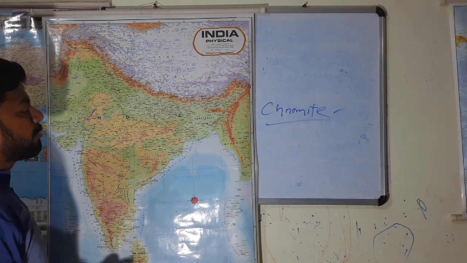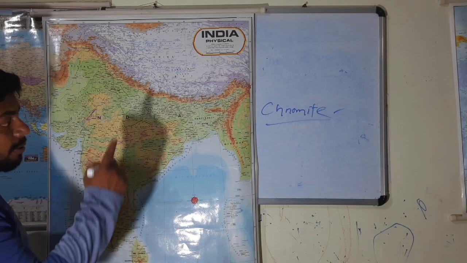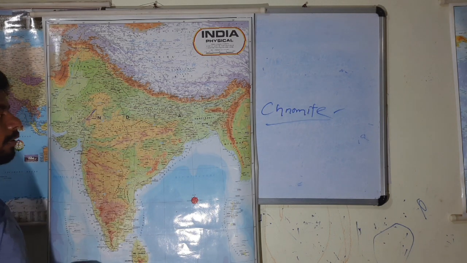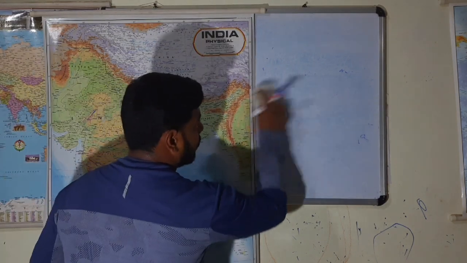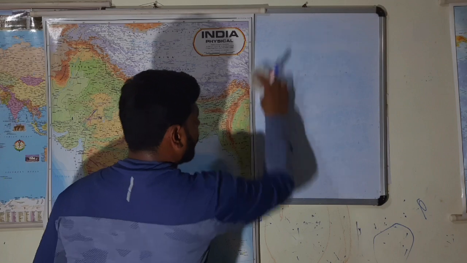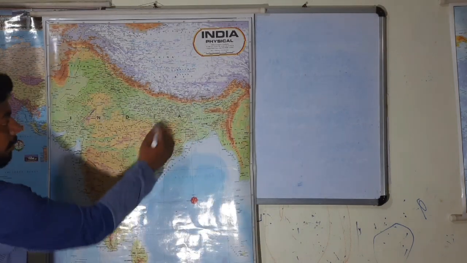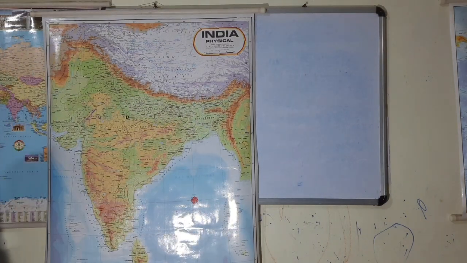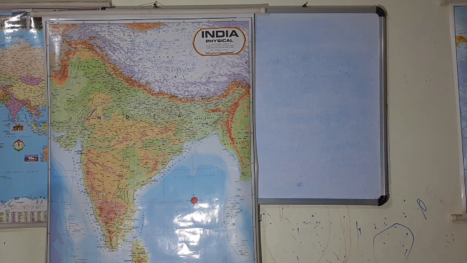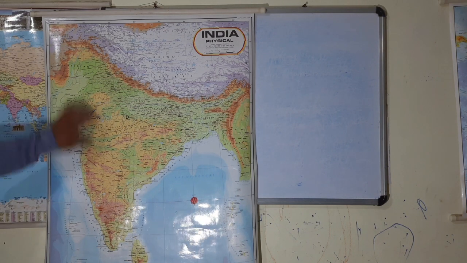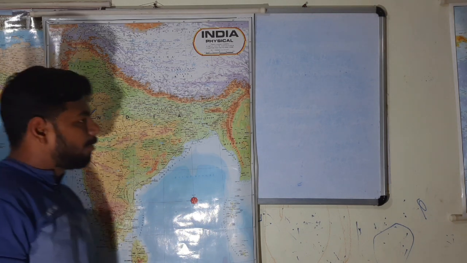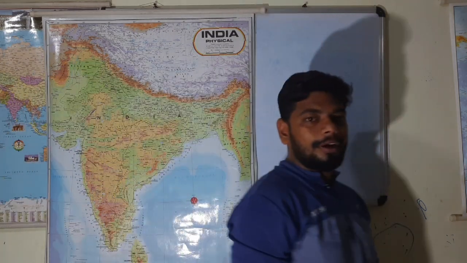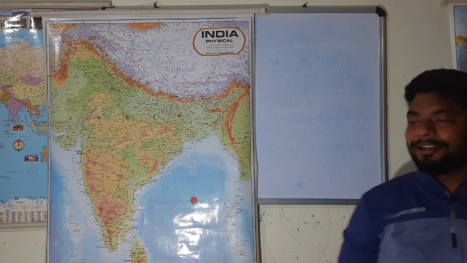More than 50% of iron ore is extracted from Odisha only, and the mines are the Badam Pahad mines. So this part we have understood, guys, about the Chota Nagpur Plateau. Fine. So we have finished this one. Have some water, guys, a little bit.